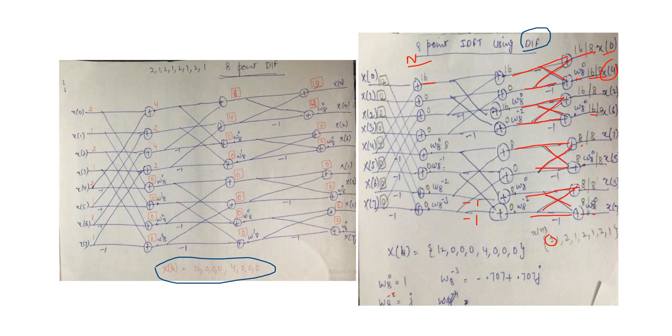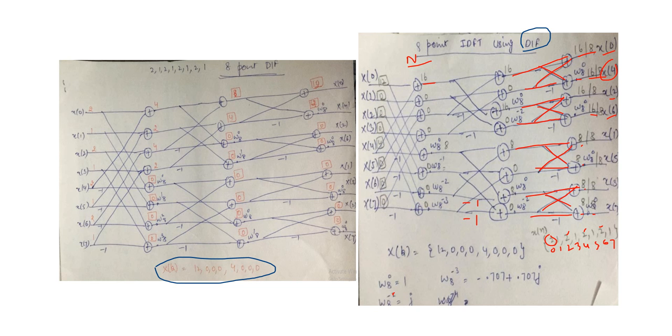These are indices 0, 1, 2, 3, 4, 5, 6 and 7. Now the value of x of 4 is 2. Value of x of 2 is 2. Value of x of 6 is 2.